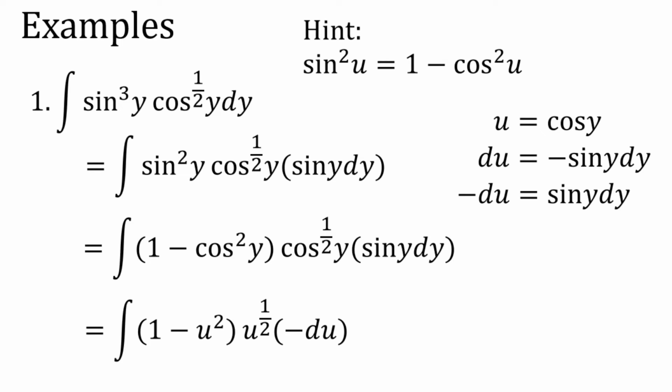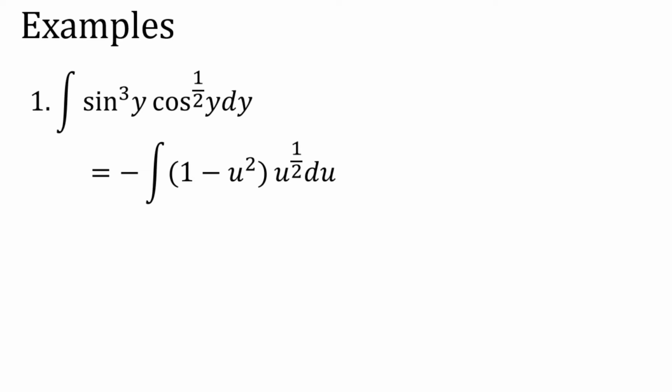So our given will be in this structure. The integral of 1 minus u squared times u to the 1/2 times negative du. So let us put the negative sign outside the integration symbol. Now we have equals negative the integral of 1 minus u squared times u to the 1/2 du.